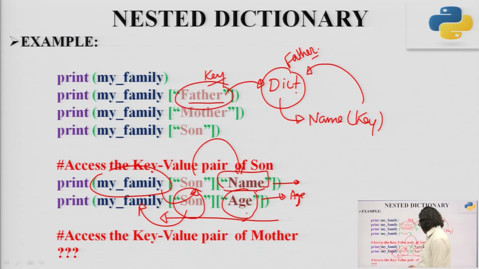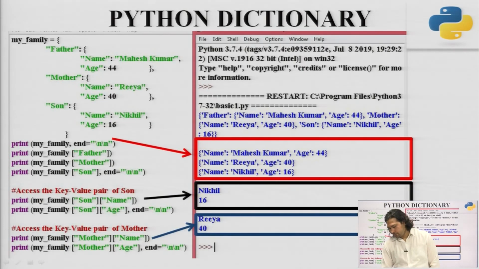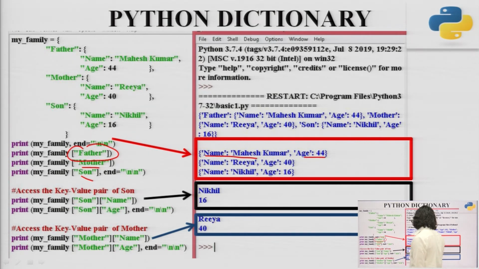Now, here is the last question: whether the key value pairs of the mother can be accessed or not. Yes, it is in the same manner. Before that, look at the output. When we are accessing the father, mother and the son, we get the dictionary with name as Mahesh Kumar, the age is 44.